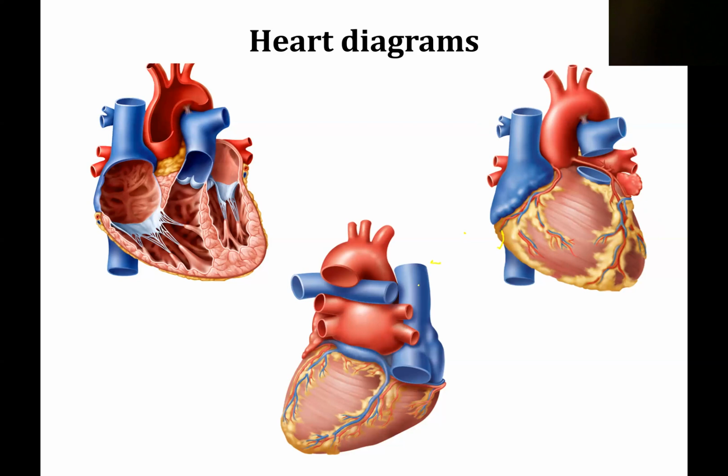The superior vena cava, the inferior vena cava, and this is the coronary sinus. And it continues over here and goes behind the inferior vena cava. All three of them empty into the right atrium.